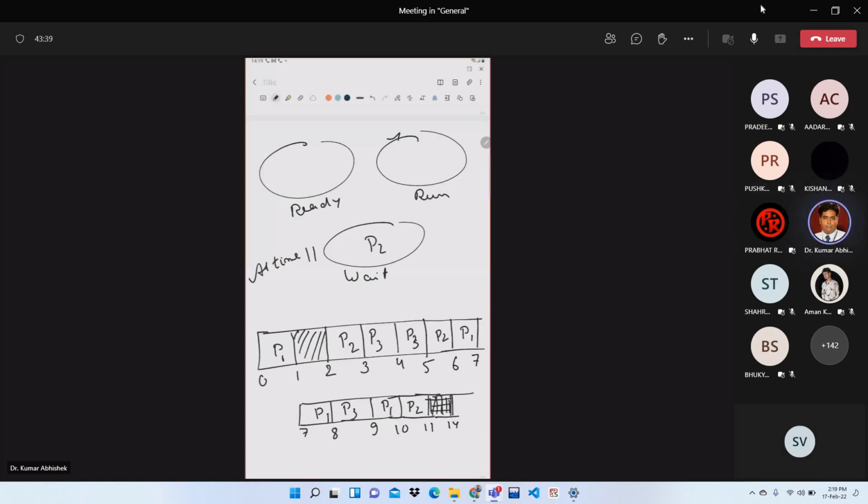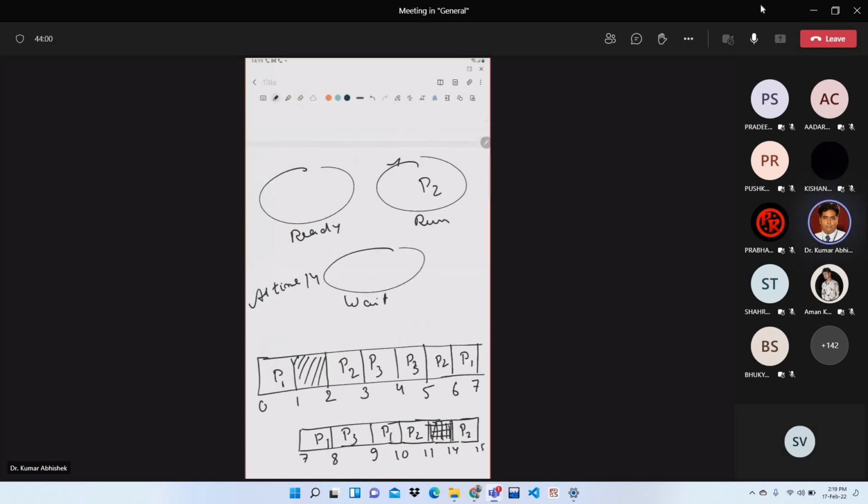At 14, P2 is in ready state and we do not have any other process. So P2 will be moved to run state and we will execute it.